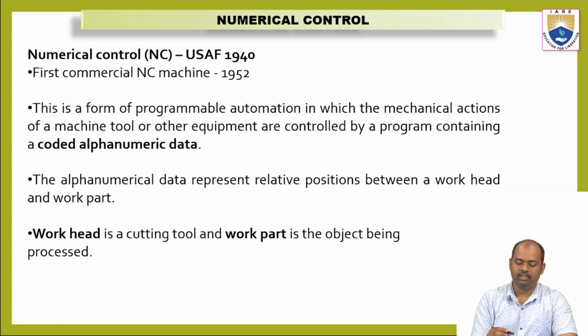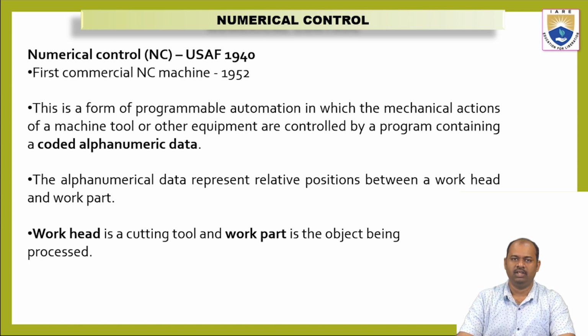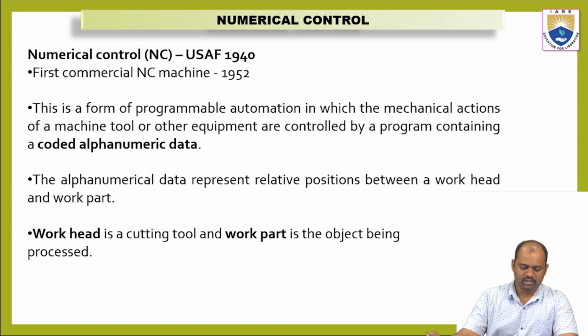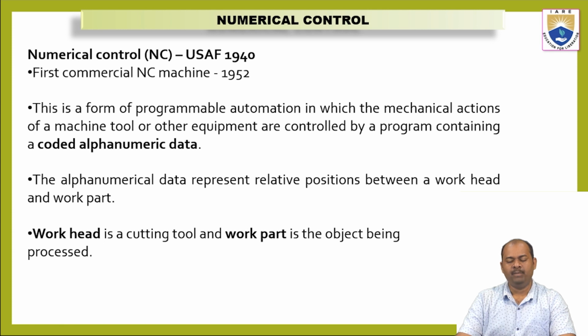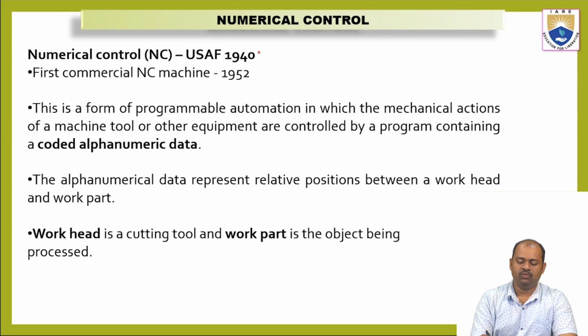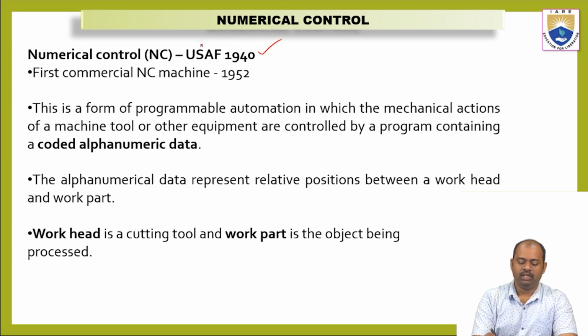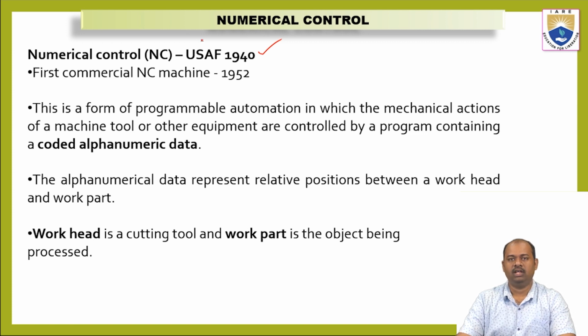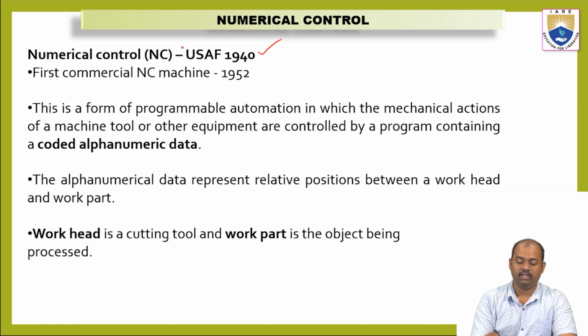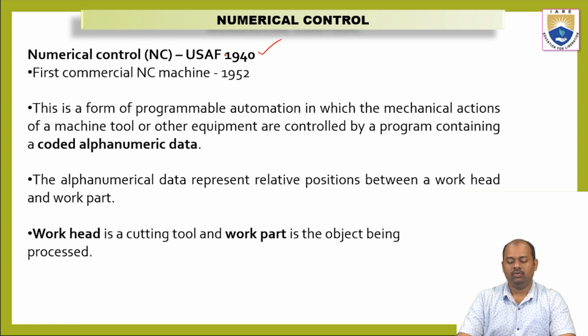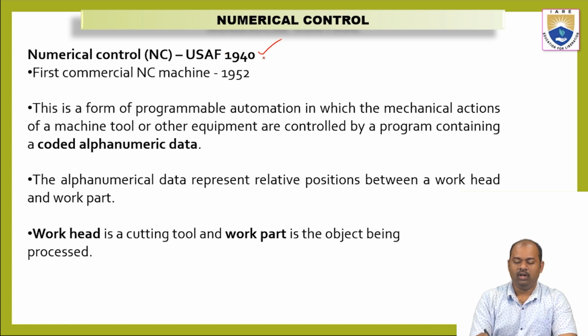So let us see how numerical control was first invented and what the basic properties of any numerical control are. Back in the year 1940, when the Second World War was in its wake, the USAF, the United States Air Force, wanted to make a lot of new aeroplanes for the purpose of war.